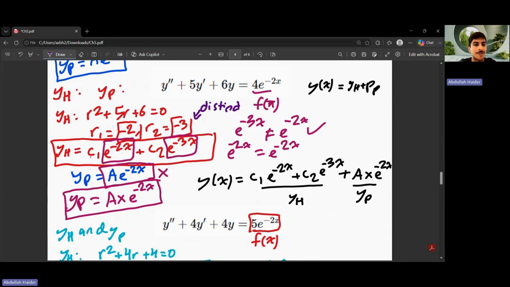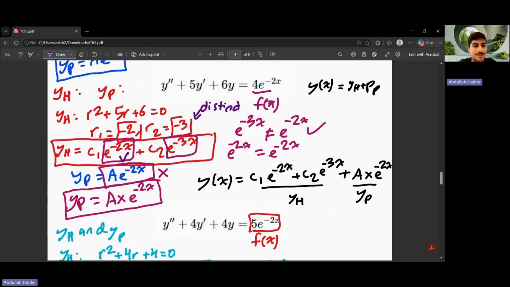So you'll have C1 e power negative 2x plus C2 e power negative 3x. This won't be multiplied by x because these are distinct. And you check if e power negative 2x is appearing in the homogeneous solution. It appears once, which is over here. That is why you multiply yp by x. Yp is essentially a, and then the exponential over here.